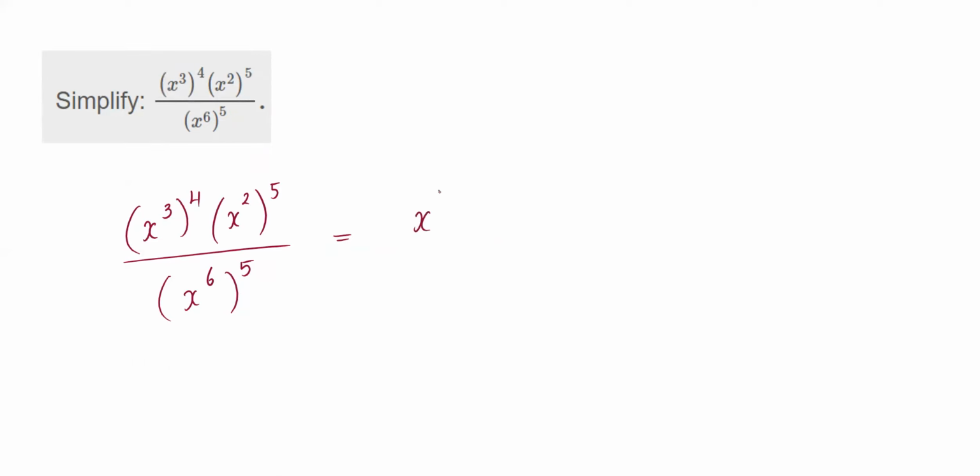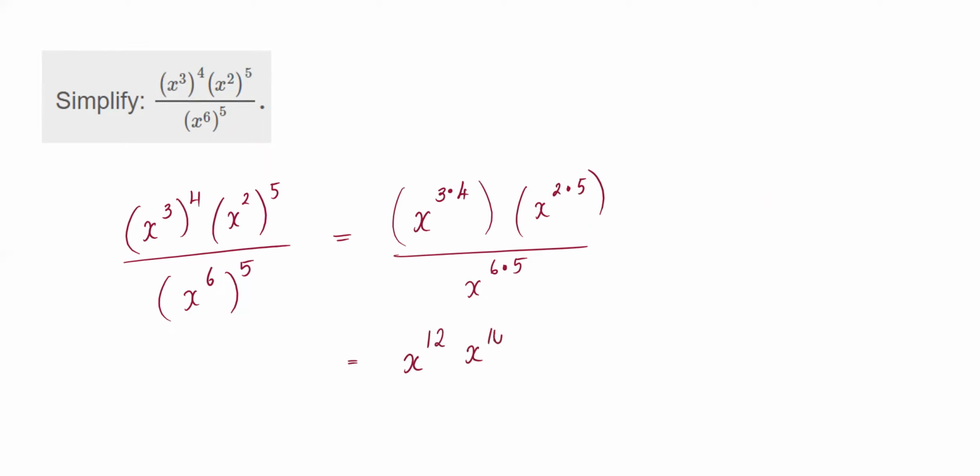So I'm going to have 3 times 4 because the powers are stacked. I will multiply them. 2 times 5. 6 times 5. So that's going to be x power 12, x power 10 over x power 30.